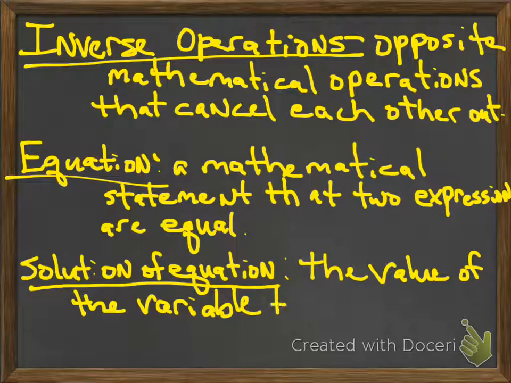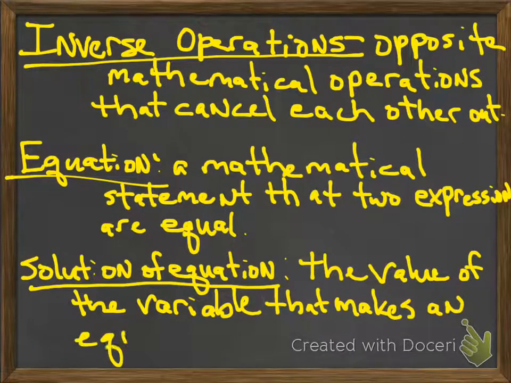The value of the variable that makes the equation true is considered the solution. So basically the number that you can find for the variable x, y, whatever, that would make the equation a true statement, and I'll show you what that means, is considered a solution.